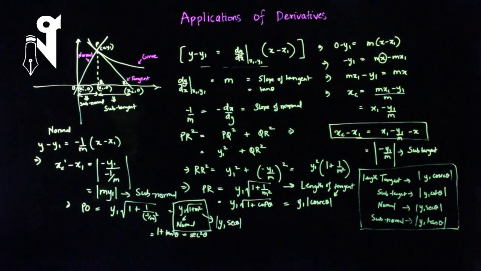And subnormal is m y1. It's good to have all the formulae on your fingertips, so you don't have to derive them in the exam. Derivation is also quite simple though, but it's definitely recommended for you to remember all these formulae. There are 8 in total, 4 in terms of m and 4 in terms of angle theta.